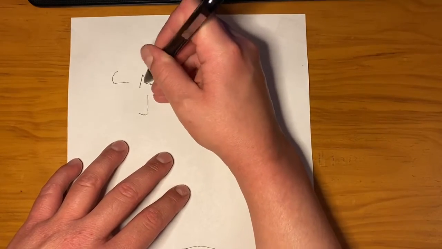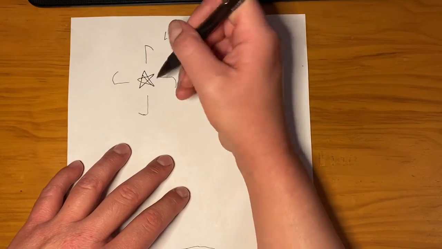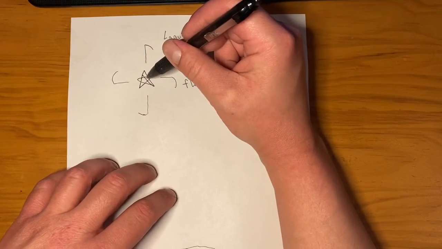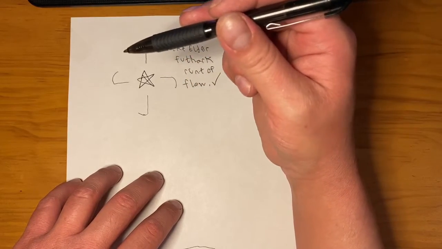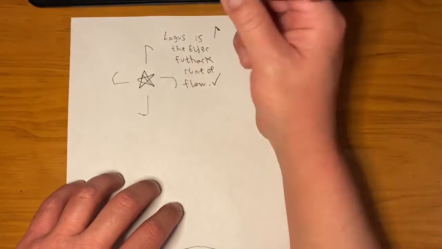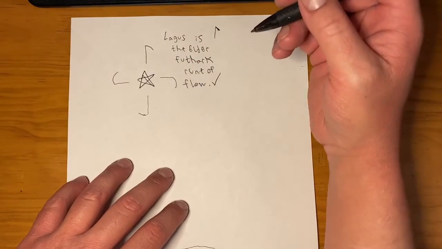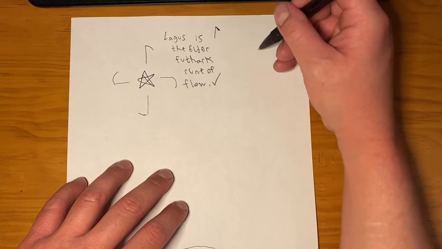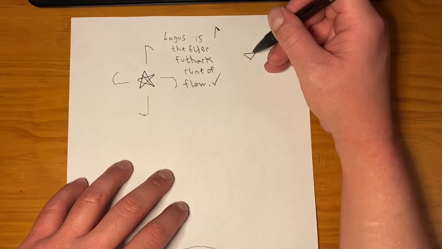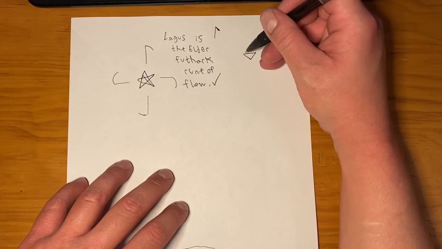Now, when you have a star, it's not drawn very well, but when you have a star, it's representing either ascent into infinity and rising, ascending, or it could be reversed. You can have a reverse star, which is going to be hilarious to watch me write because I'm not great at doing stars.